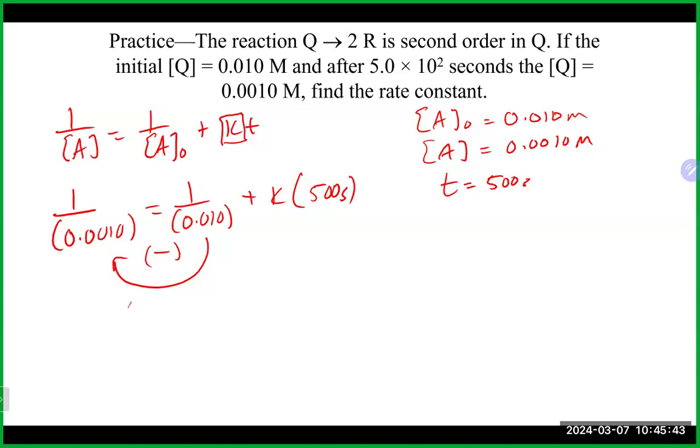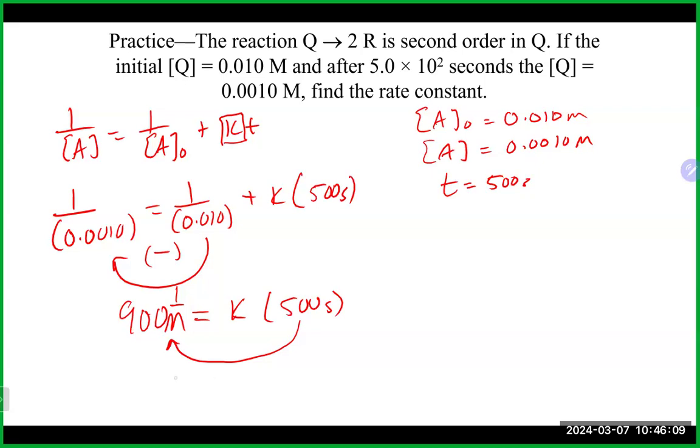That looks like 990 there, and that's going to equal k times my 500 seconds. By the way, that would be 1 over molarity at that point, I believe. And we will then divide by our seconds over there.